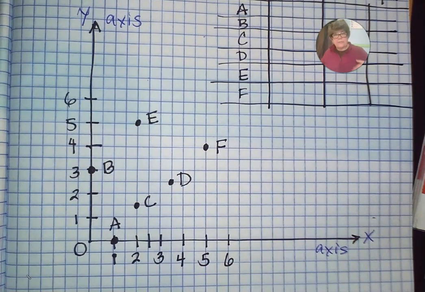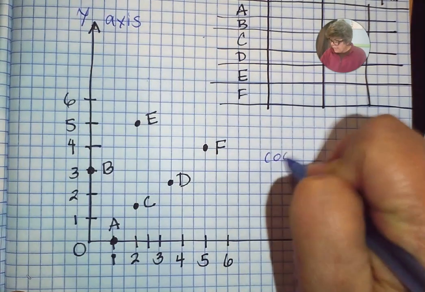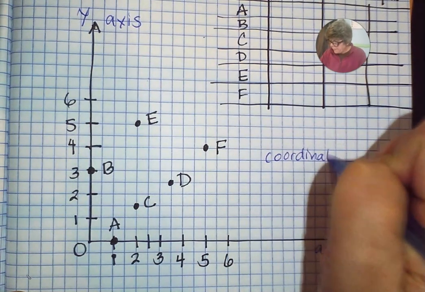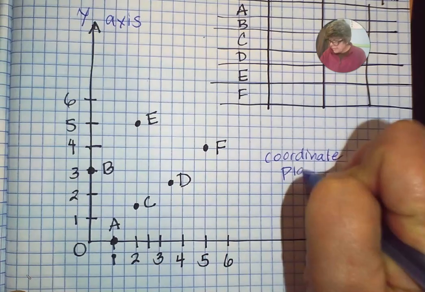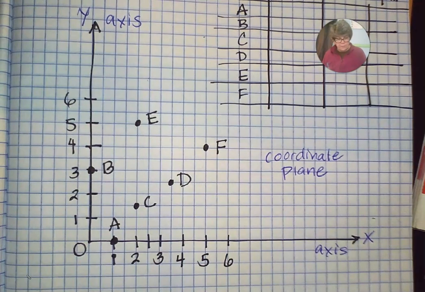And what is that called? It's called a coordinate plane, right? A little bit of vocabulary, but we can practice it and we can learn it, right? A coordinate plane. So what is the X coordinate of A?